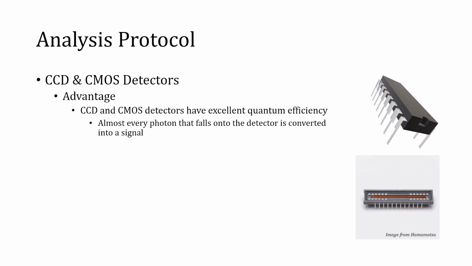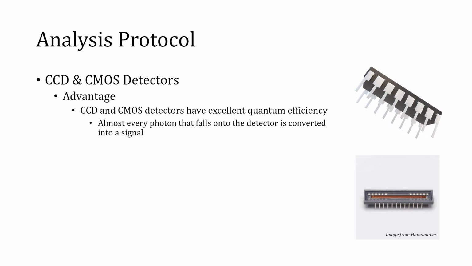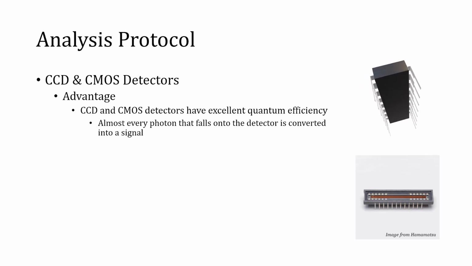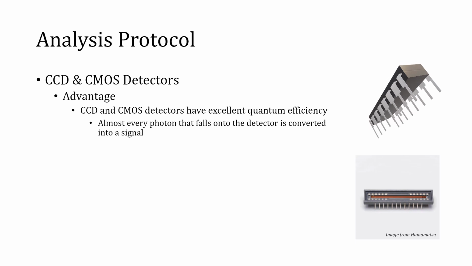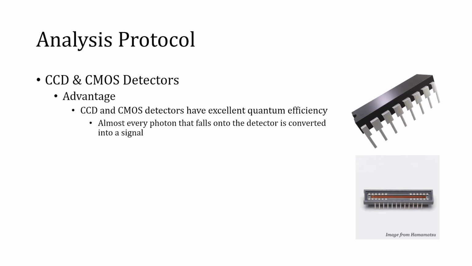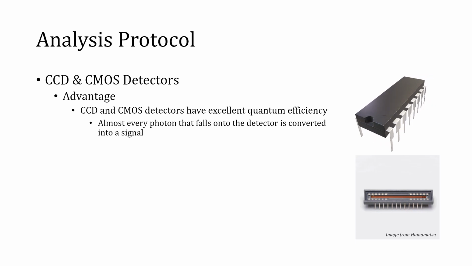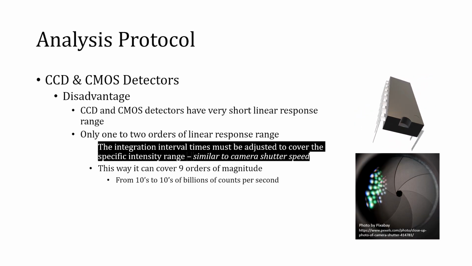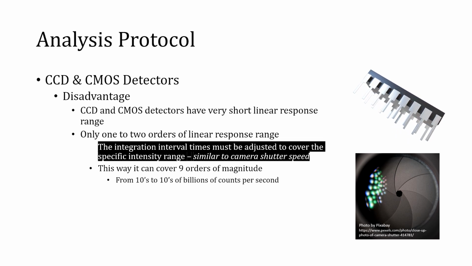So the instrument that I used contains CMOS detectors, and CCD and CMOS detectors have excellent quantum efficiency. Almost every photon that falls onto the detector is converted into a signal. However, CCD and CMOS detectors have very short linear response ranges, only 1 or 2 orders of linear response range.